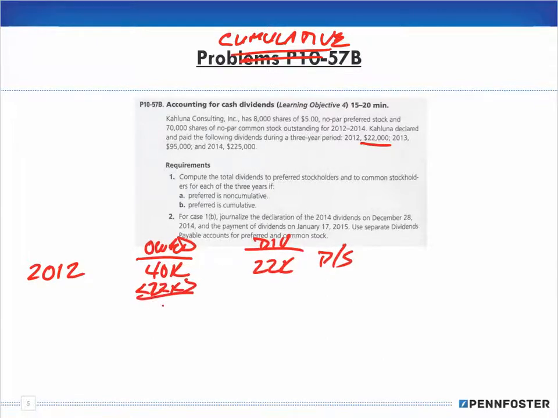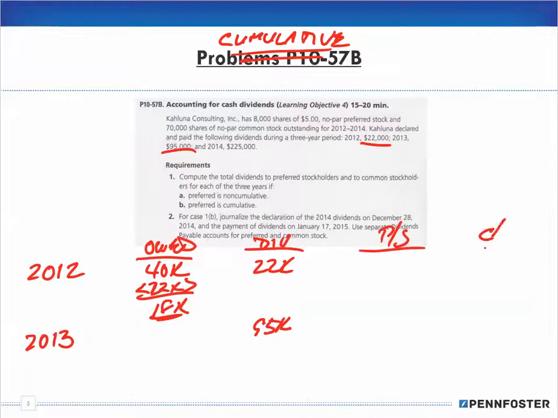That means for 2012, preferred is still owed 18,000. Let me erase this over here and make this preferred stock and this common stock. So 22,000 will go to preferred stock, and common stock will get 0. That's just rearranging that information.